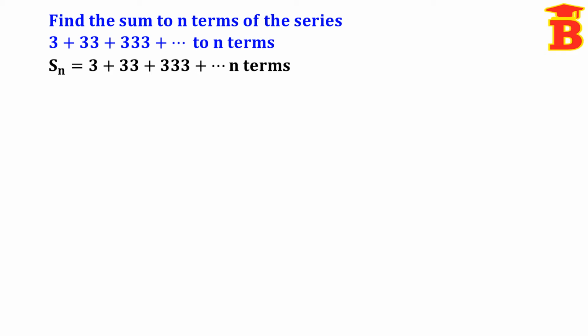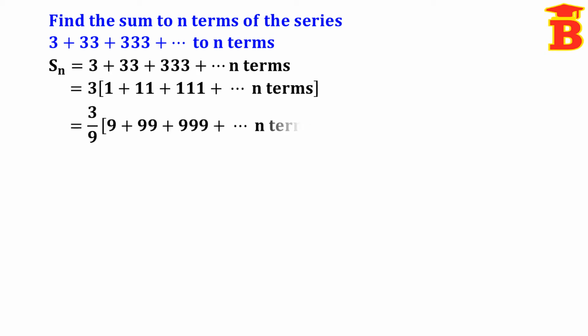Here take 3 common outside. So we get 3 into 1 plus 11 plus 111 plus etc. up to n terms. Now we use the method multiply and divide by 9. See this, multiply by 9. So we multiply all the terms by 9.